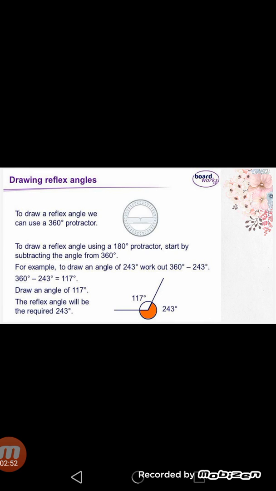To draw reflex angle using 180 degree protractor, we have to draw an angle of 243 degree. So we will subtract 243 degree from 360 degree and the result will be 117 degree. So draw an angle of 117 degree. The reflex angle will be the required 243 degree. Now mark the reflex angle 243 degree, as you can see in the red color reflex angle has been shown.